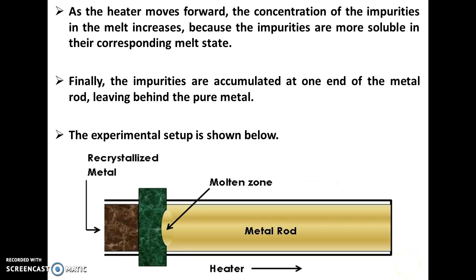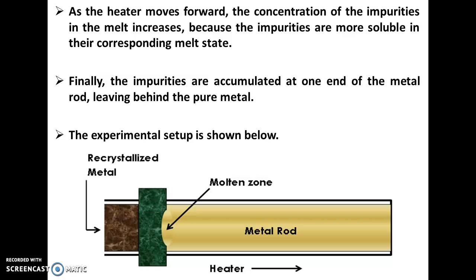As the heater moves forward, the concentration of impurity in the melt increases, because the impurities are more soluble in their corresponding melt state. Finally the impurities are accumulated at one end of the metal rod, leaving behind the pure metal.